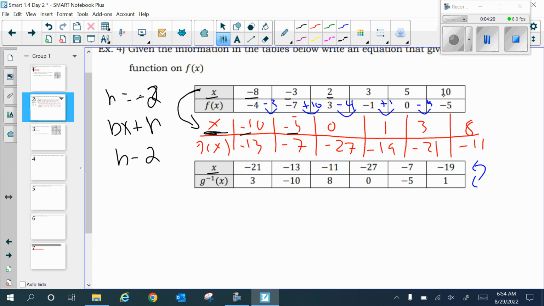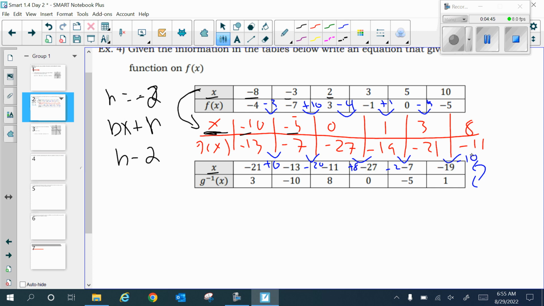So that's the distances between my y's. And now I need to figure out the distances between my g of x's, right? So from here to here, we added 6, then we subtracted 20, and then we added 8, and then from there to there, we subtracted 2, and then finally we subtracted 10, right?